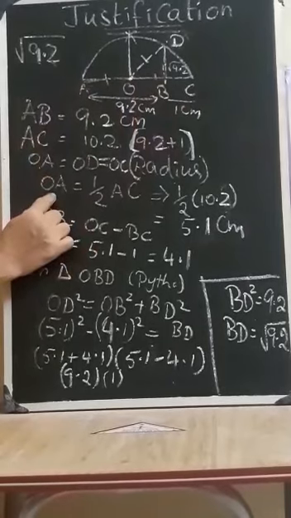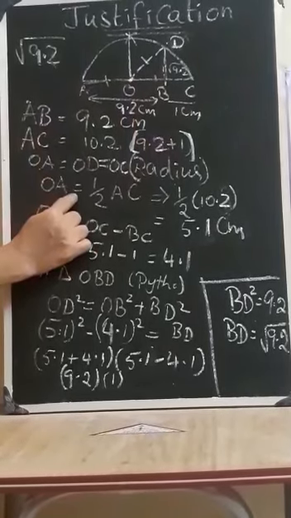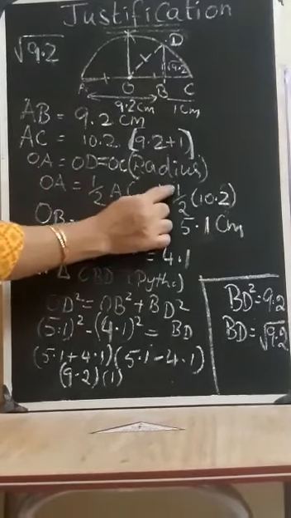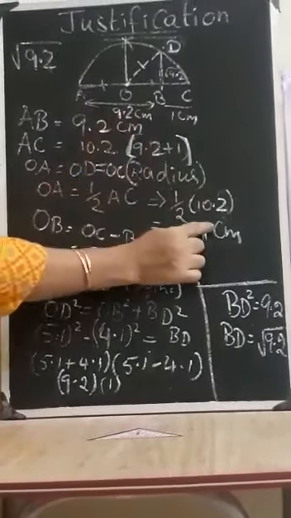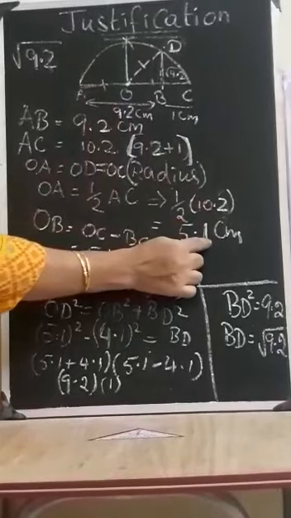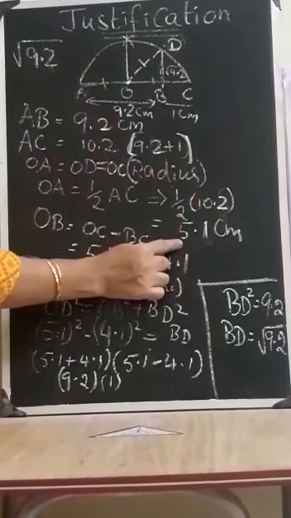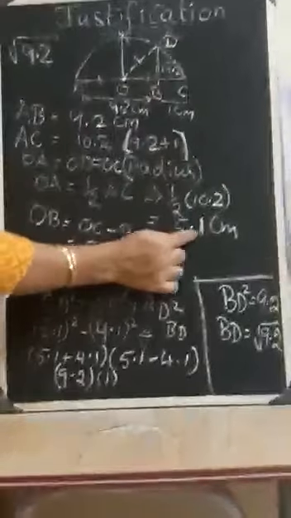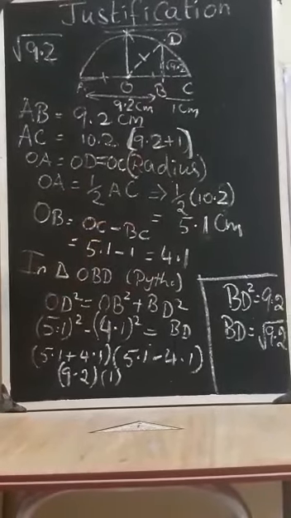That's why I have written here OA is equal to half of AC, half of 10.2, which is nothing but 5.1 centimeter. OA is equal to 5.1 centimeter, right?